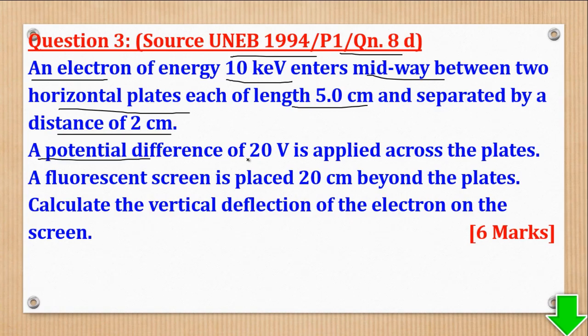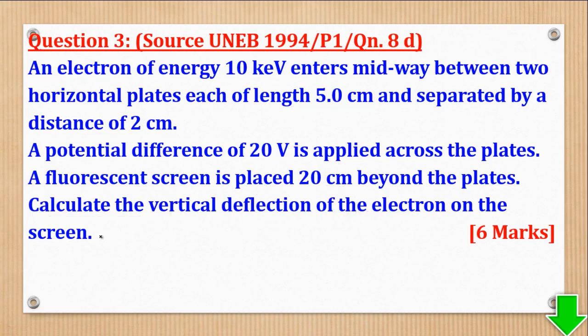A potential difference of 20 volt is applied across the plates. A fluorescent screen is placed 20 centimeters beyond the plates. Calculate the vertical deflection of the electron on the screen.